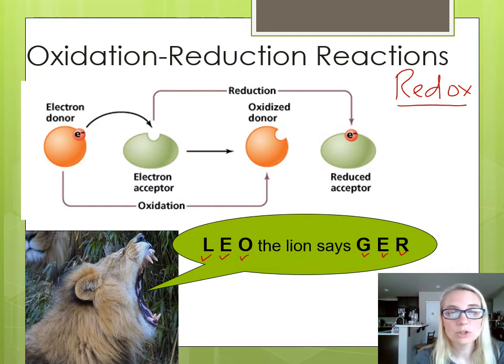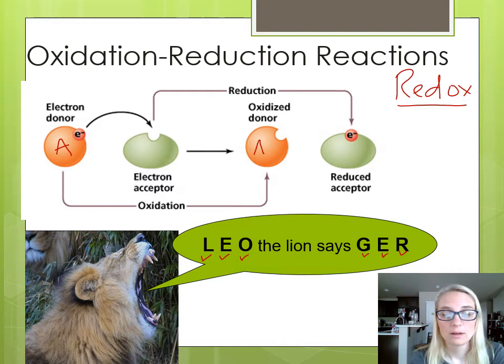So the orange guy, we'll just say A, with its electron, is donating that electron, and it's now usually A plus, because it's lost an electric charge. Not always, but typically when you lose a negative charge, that basically means you've either gained a positive charge or you're less negative.